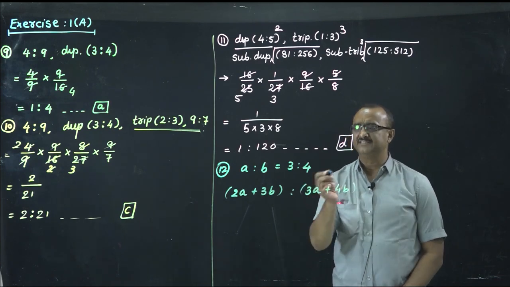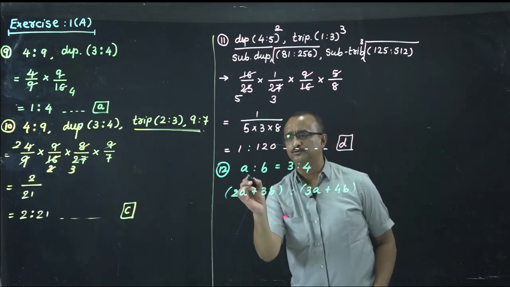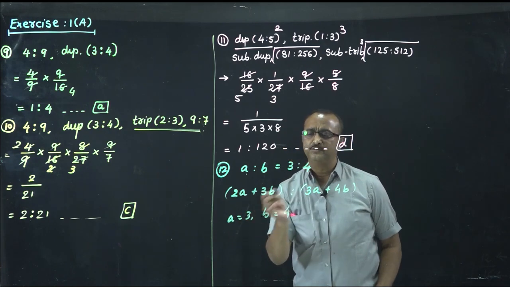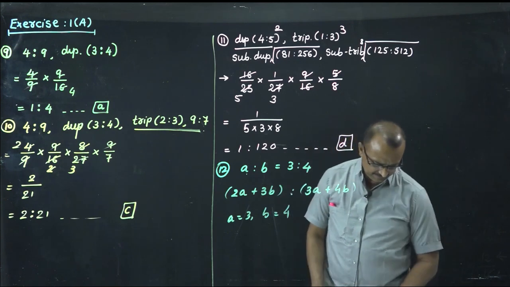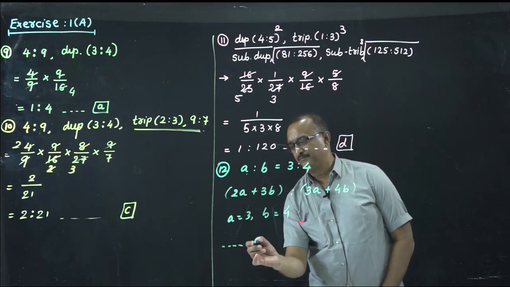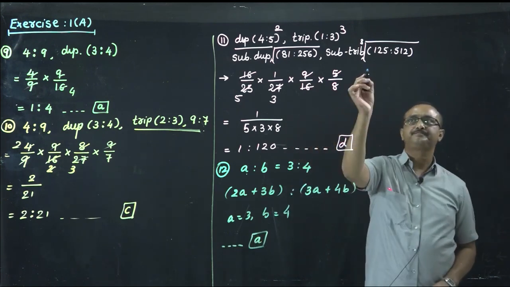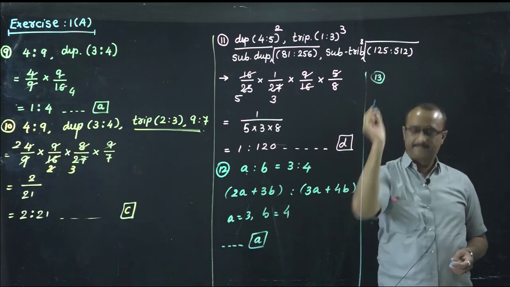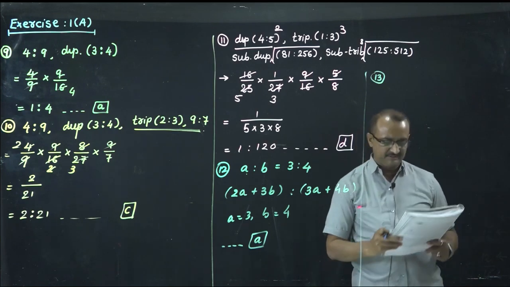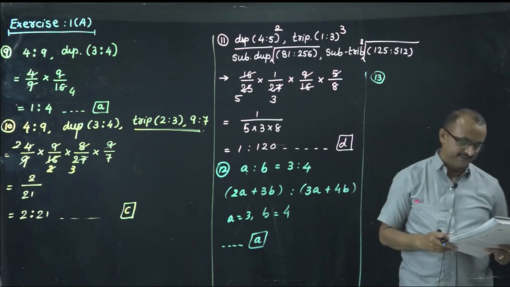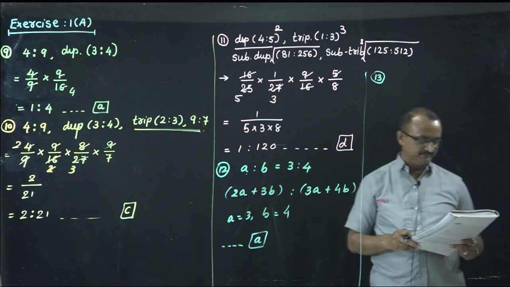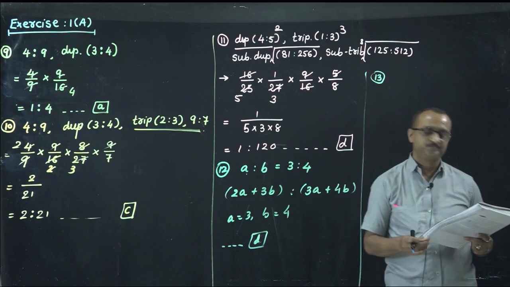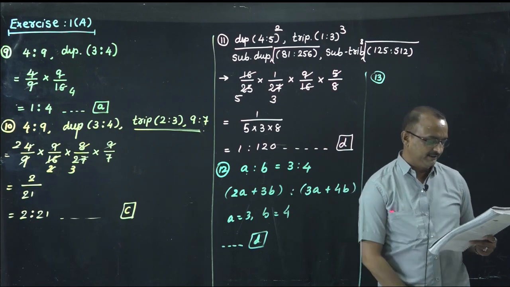We are not solving this sum because you just have to put A equal to 3 and B equal to 4 in the above expression. This is your homework. Sorry, for question number 12, the right answer is D, not A. D is the correct answer.